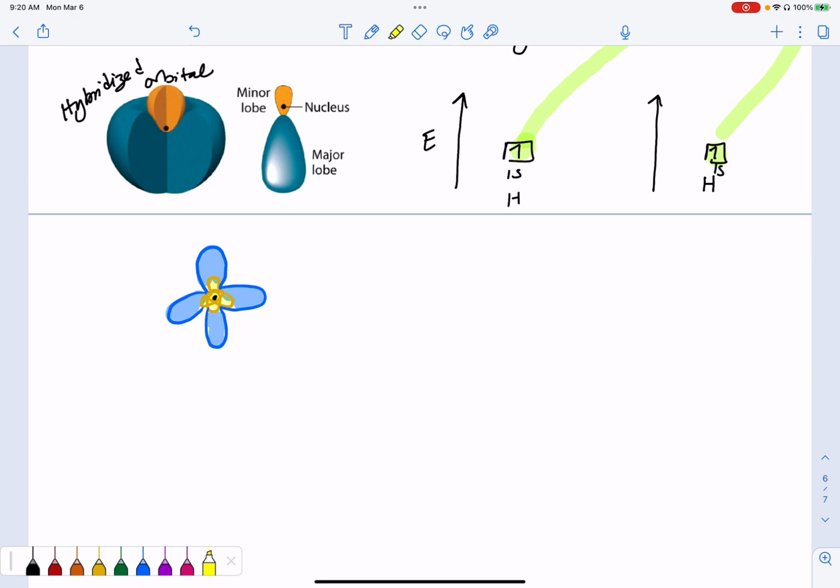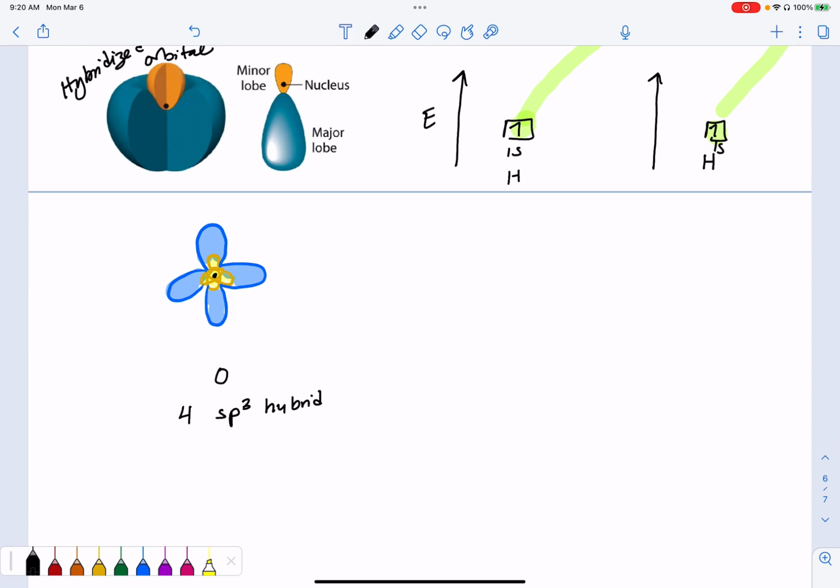Like so. So this is our oxygen atom. This has 4 sp3 hybrid orbitals instead of having 1 2s orbital and 3 2p orbitals.